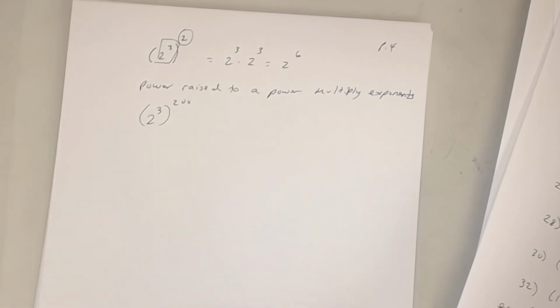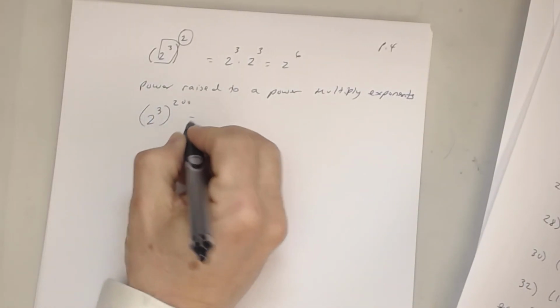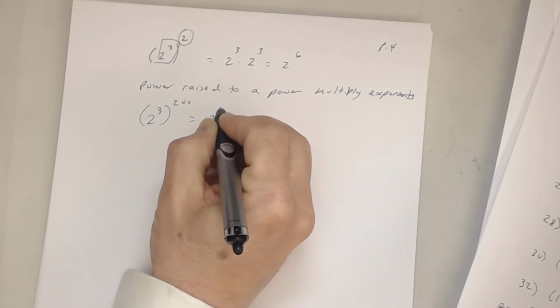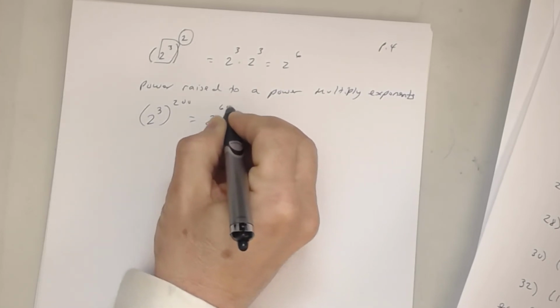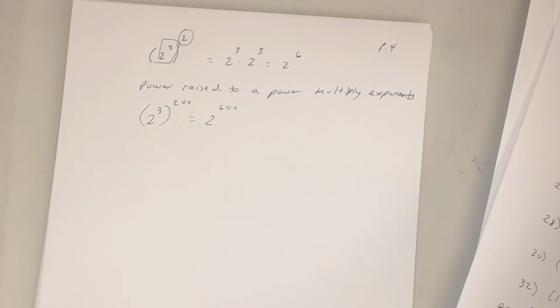Z to the 6. You leave it in exponential form. Okay. So 2 cubed to the 200 is 2 to what power? 600. So when you have a power raised to a power raised to a power, you do what to those exponents? You just multiply. That's all you have to do.